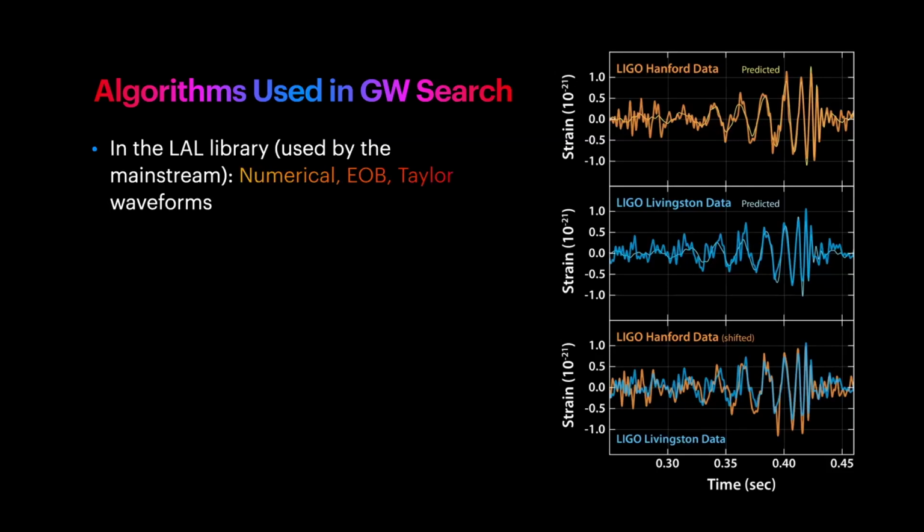So these codes mostly depend on numerical relativity, on the effective one-body, and sometimes Taylor expanded gravitational wave theory. It has its problems. Currently, most libraries work only on short gravitational waves.